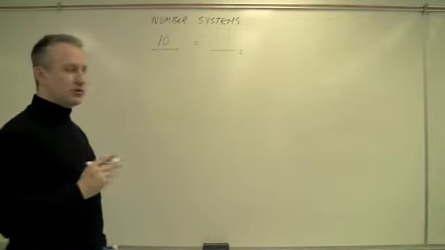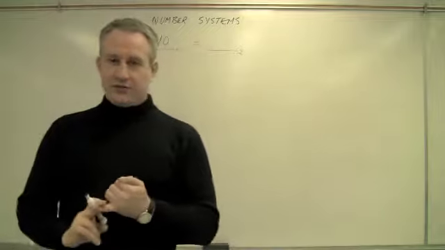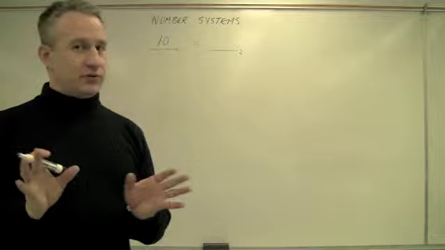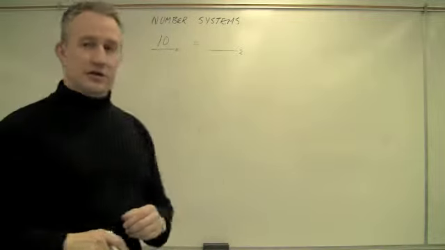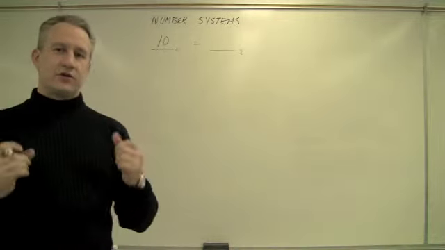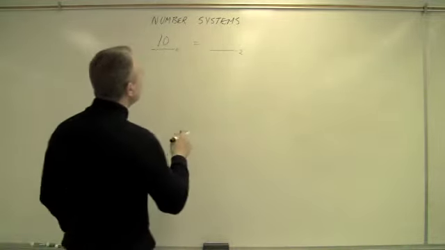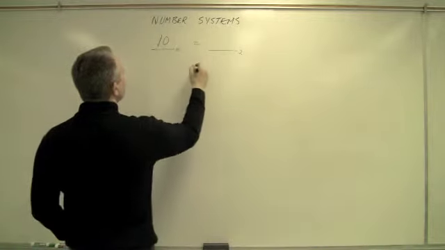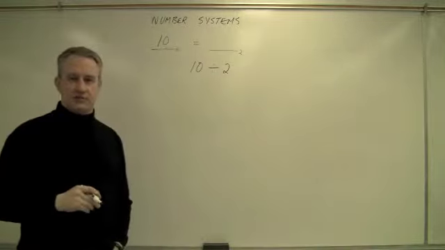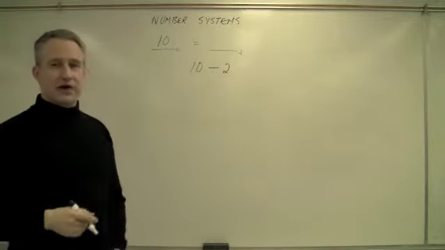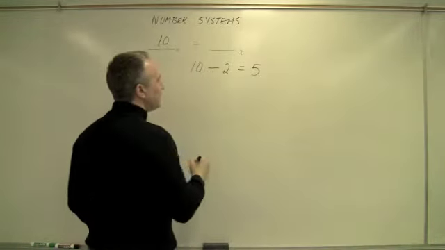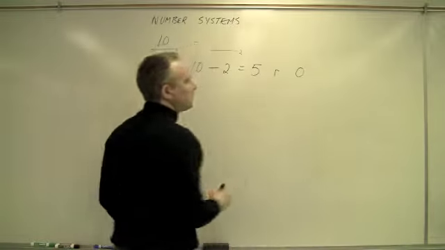So we'll look at how we go about doing this, and it involves repeatedly dividing and recording the remainder when we do the division. We never work with decimals in here, only remainders, and we'll see how that gives us our converted value. So we start with 10, and we start off by dividing by 2. 10 divided by 2 equals 5, remainder 0.